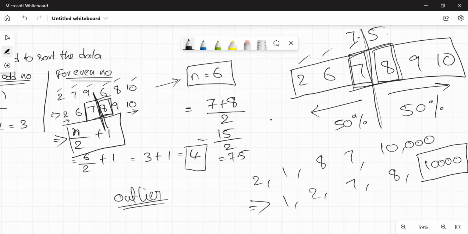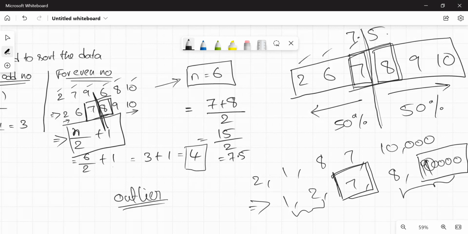Why? Because we are actually sorting it, and we know that the middlemost value is nothing but the 7. These are the two values lying on the left side, and these are the two values lying on the right side, and in between there lies our median, that is the 7. So no matter if in place of this 10,000 it is actually 90,000 or 1 lakh or 2 crores, 5 crores, no matter.